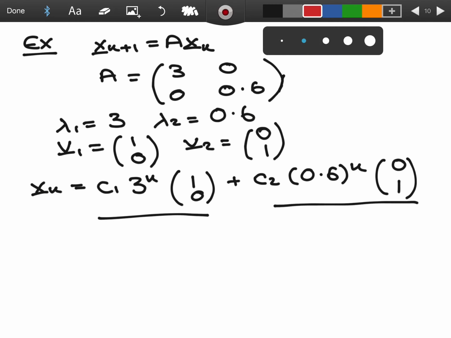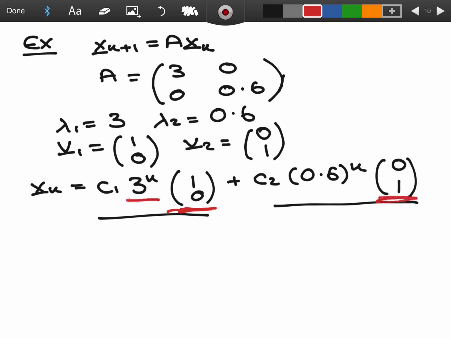We know that we're going off to infinity because this term goes to infinity. But along the line that contains 0 and (0, 1), so along the y-axis, we know that we're going to 0 because this term goes to 0 as k goes to infinity.